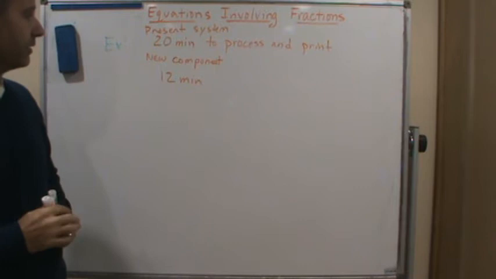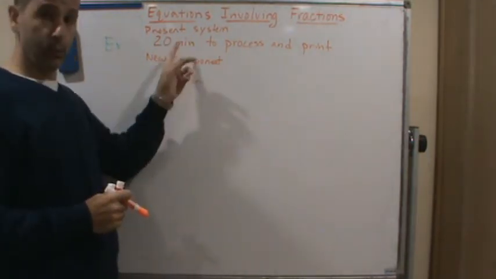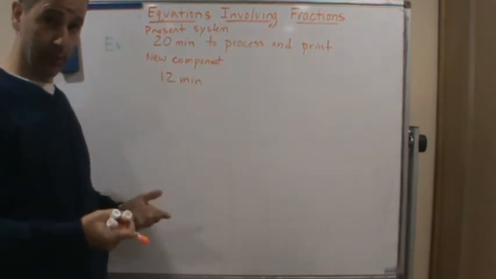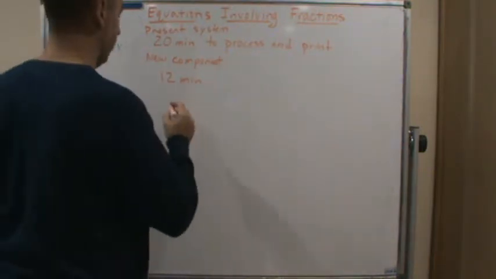So the question is how long would it take for both of them working together to print the information? That's the question, right? And it says, first, let x equal the number of minutes for the new system to process the data.